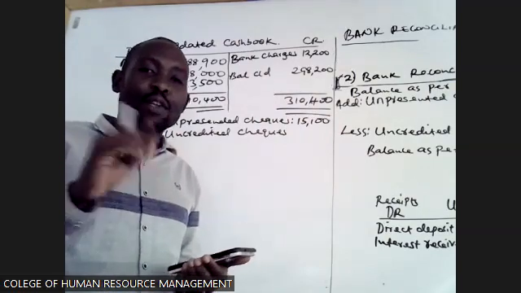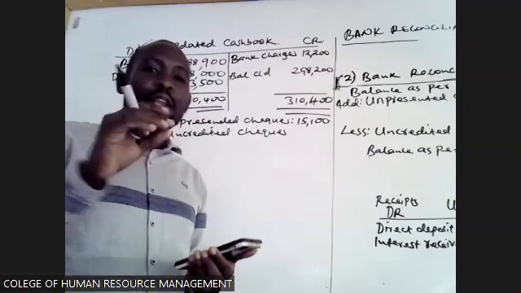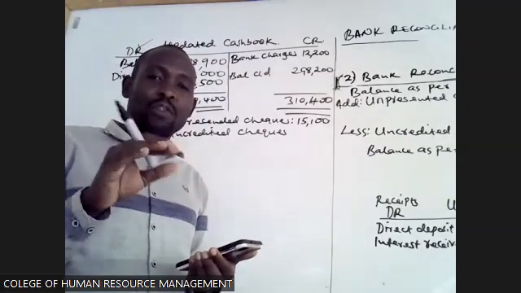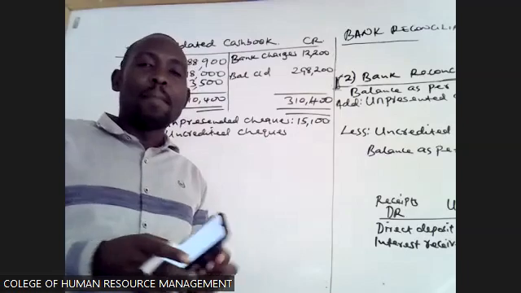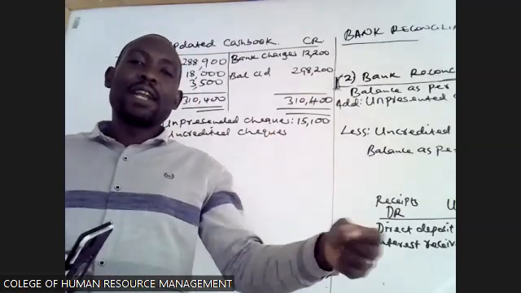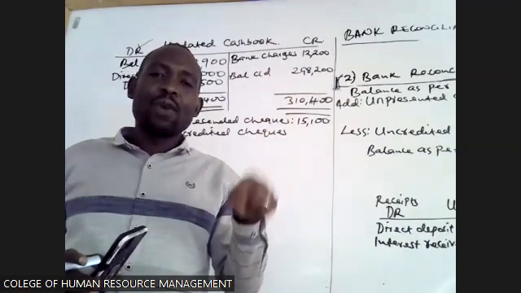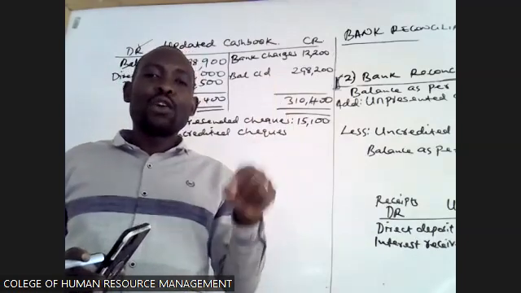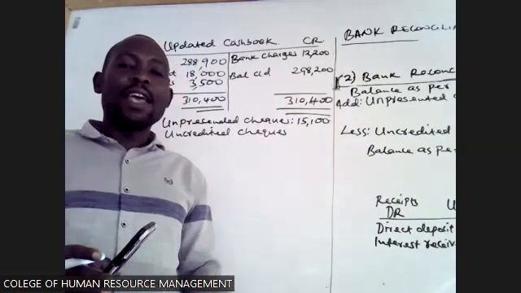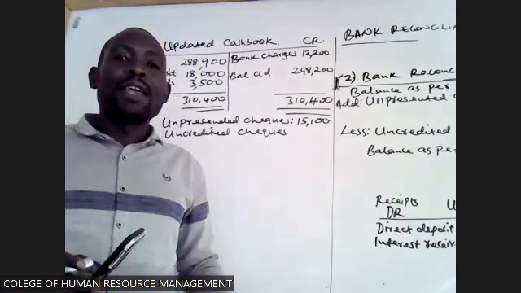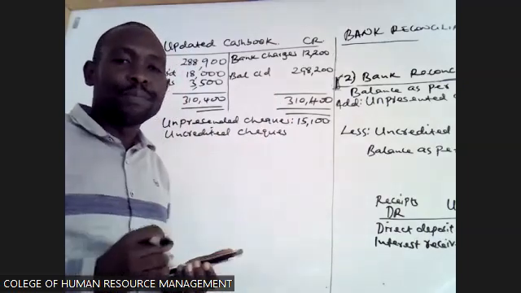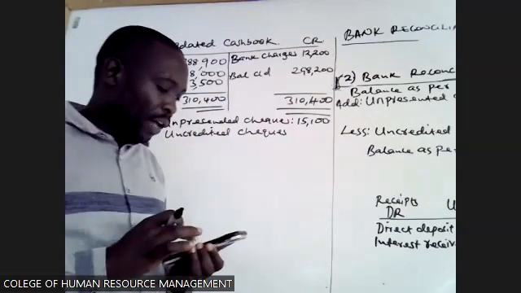We go now to the uncredited. Uncredited are the checks we received from our customers. We recorded those checks as received in the cash book, but they have not been cleared by the bank for that amount to appear on the credit column. That's why they are known as uncredited. You will not find them in the credit column of the bank statement, but they are on the debit of the cash book. So we go to the debit of the cash book.